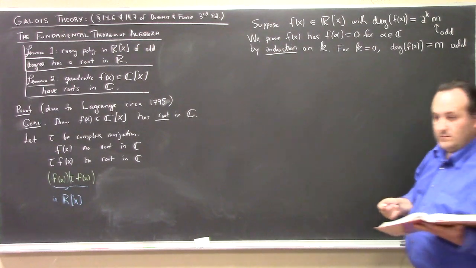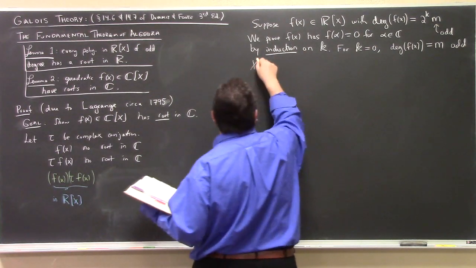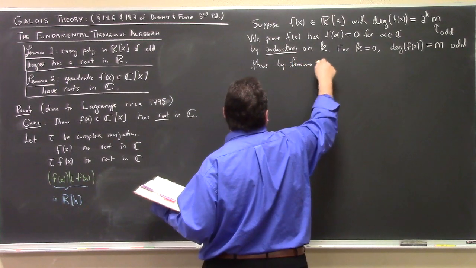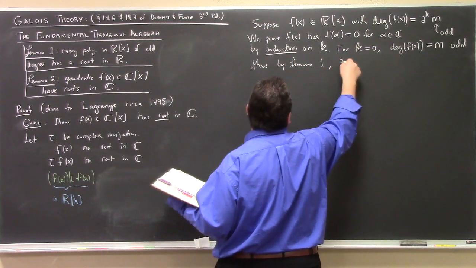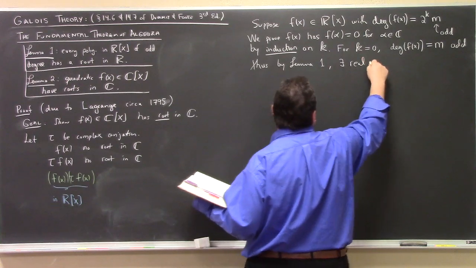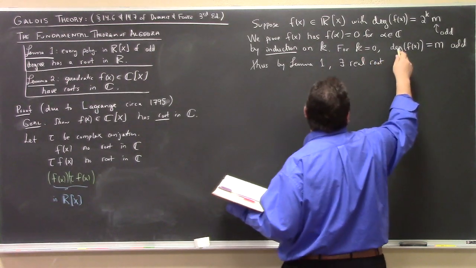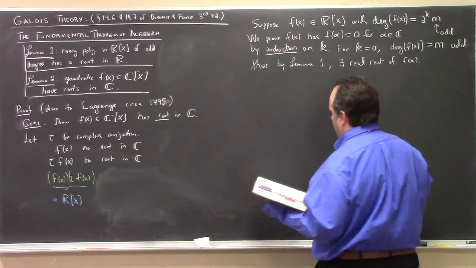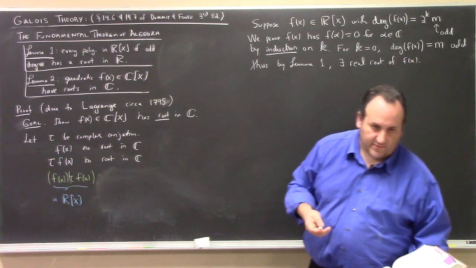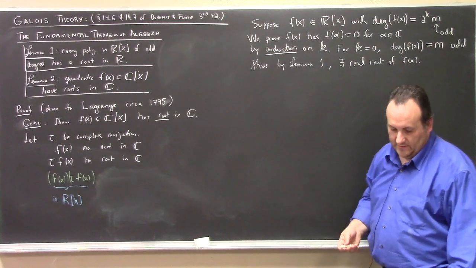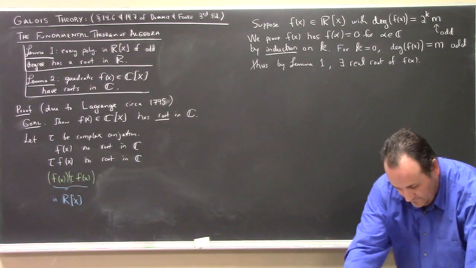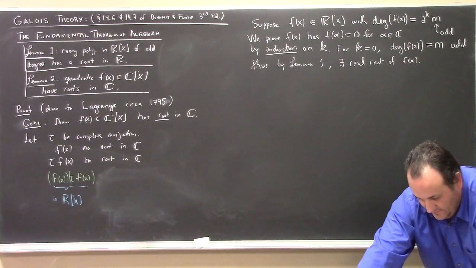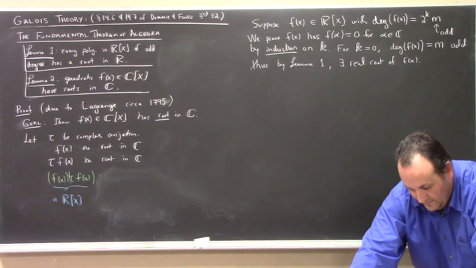So by lemma 1, there exists a real root of f of x. And of course, reals are a special case of complex, so we're fine, right? All right. Now he says, suppose now that k is greater than or equal to 1.